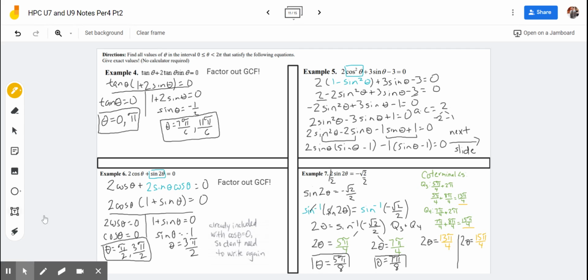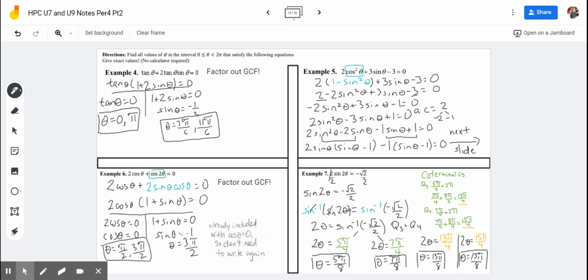So dividing by 2 is the same as multiplying by half. So our third and fourth solutions: theta is going to be equal to 13 pi over 8, and then theta is going to be equal to 15 pi over 8 for this problem. Okay.